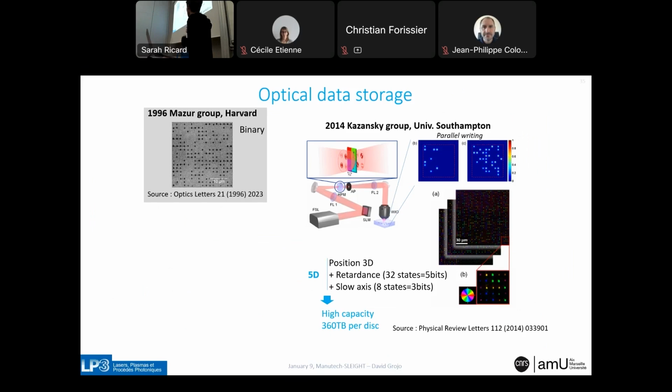So in practice, they deal with a technology that they call 5-dimensional data storage, because they rely on the 3-dimensional space and add these 2 dimensions to store information. In terms of the best demonstration, this leads to more than 360 terabytes per disk that can be written by this method.